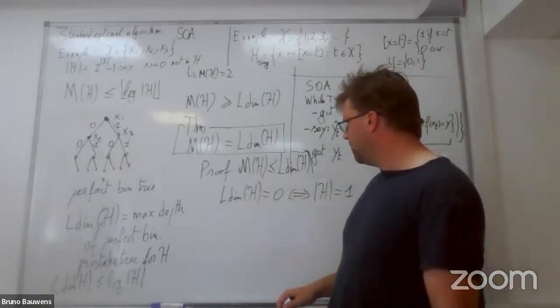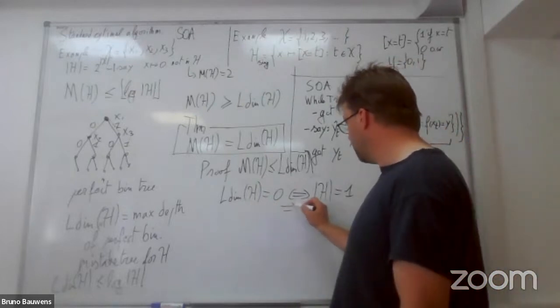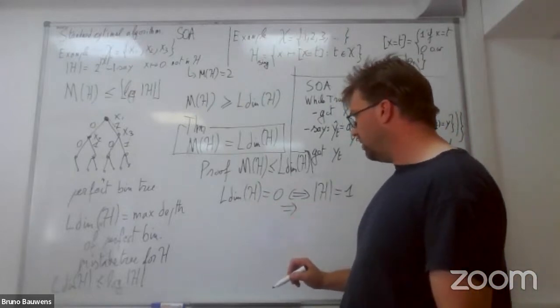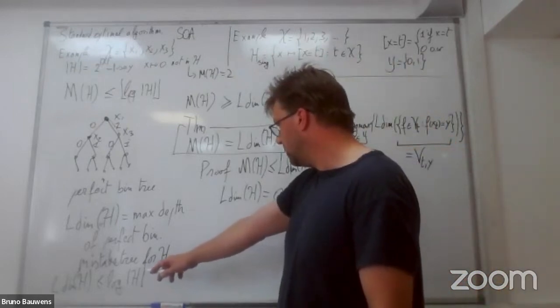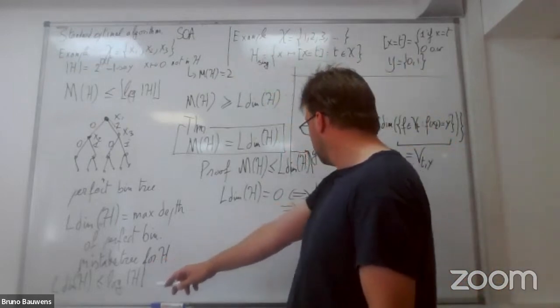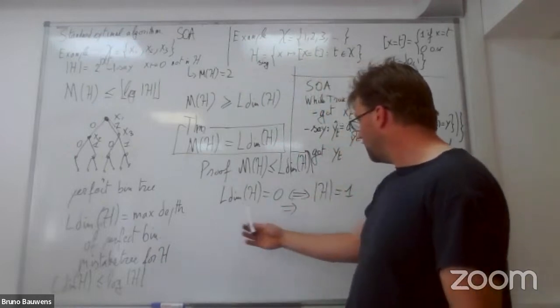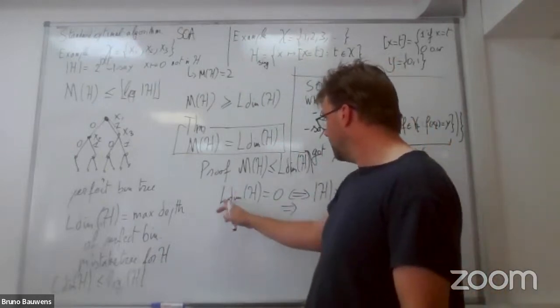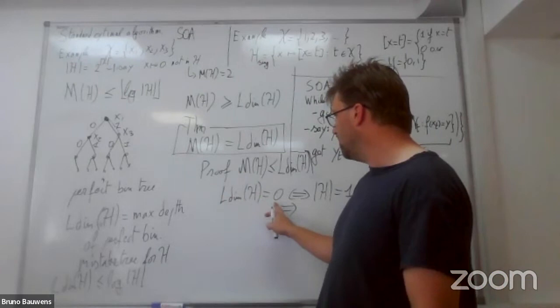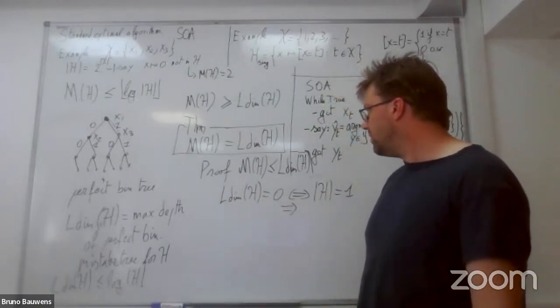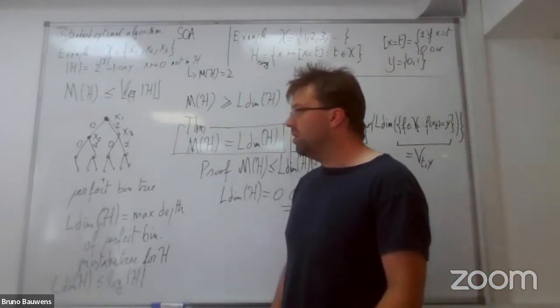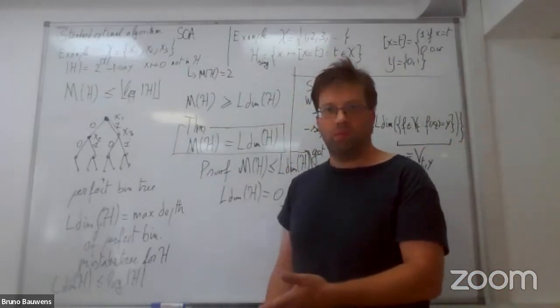Sorry, what am I proving now? So I want to prove this thing, right? No, this we get from the Littlestone dimension being smaller than log. And now I want to prove this one. So if the Littlestone dimension is 0, then it means that there is no mistake tree of depth 1.